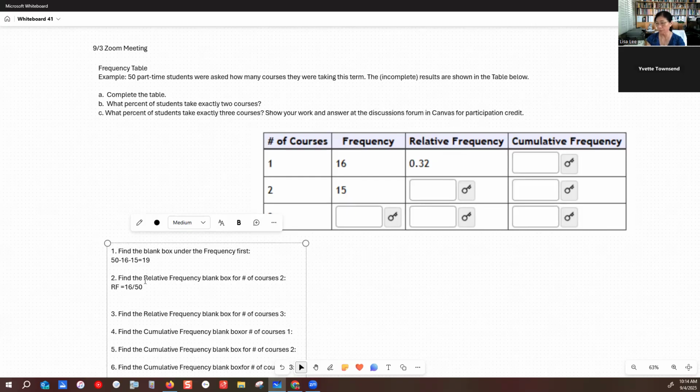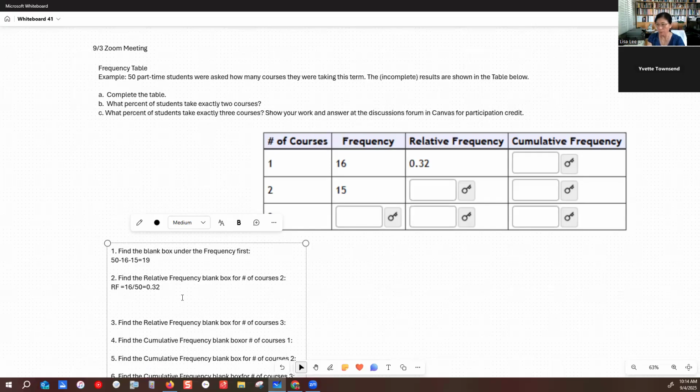And the total is 50 students. So you just divide by total, and that will give you 0.32. Actually, this is the answer for those students who were taking one course only. And that's just like an example to confirm.